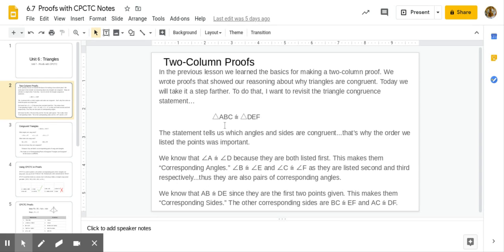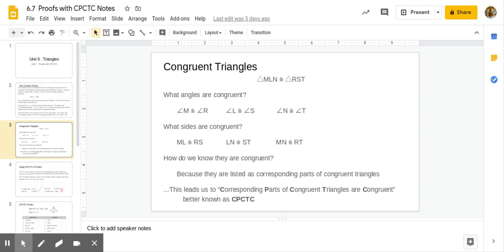Then another side would be the middle and the last letter, so BC and EF. Those two would be a pair of corresponding congruent sides. And then you do the first letter and the last letter, so AC and DF would be the other pair of corresponding congruent sides.